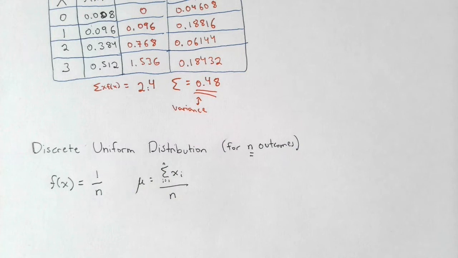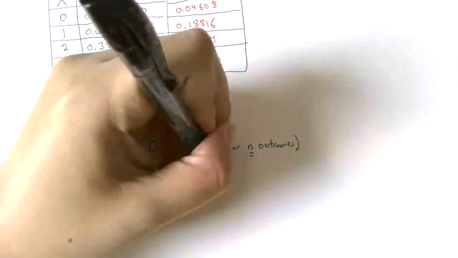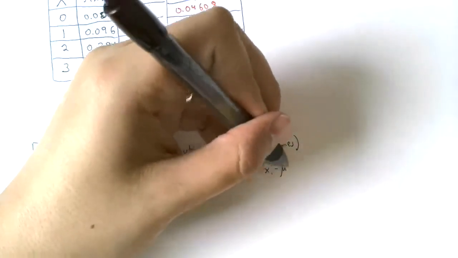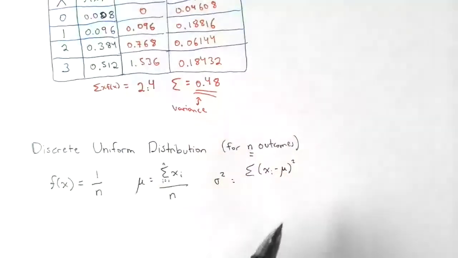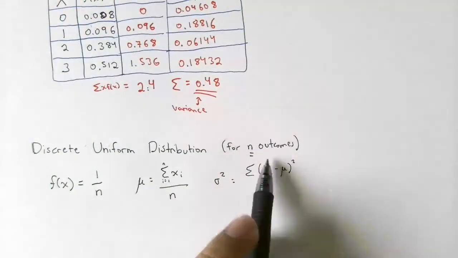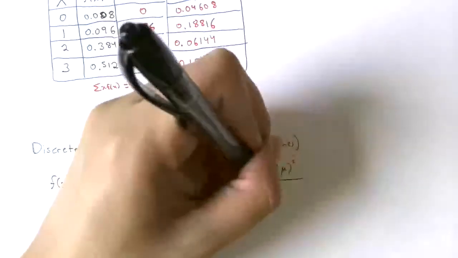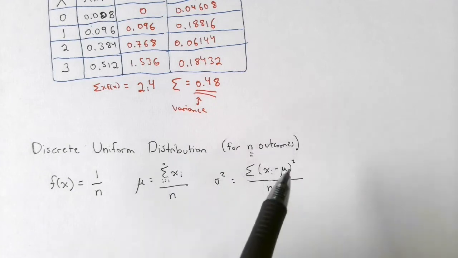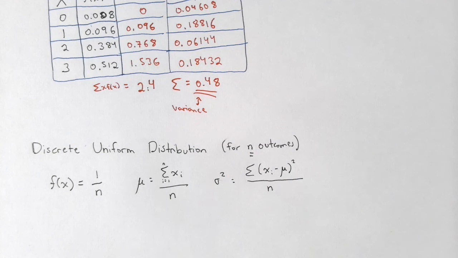Similarly, my standard deviation, right, is going to be equal to the sum of my outcomes minus the mean squared. And because you multiply by the probability distribution, but that's constant for every outcome, then it's just all this divided by n. This is a very interesting distribution because it's very easy to quantify. And notice that it highly depends on the number of outcomes.